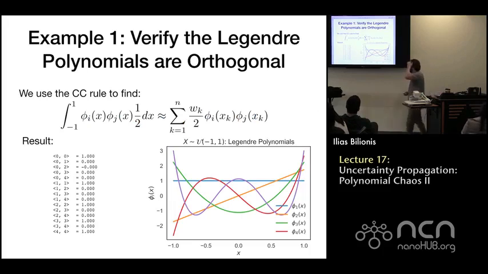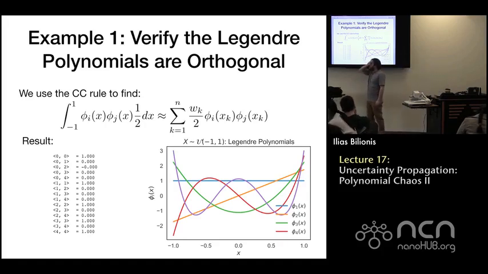What I really want to show you is how to use these rules to do actual integrals. So in the handout, one of the examples I'm using is validating the orthogonal polynomials that we constructed. So I'm asking the question, if you compute the dot product of phi i with phi j for the Legendre polynomials, do you get the Kronecker delta?